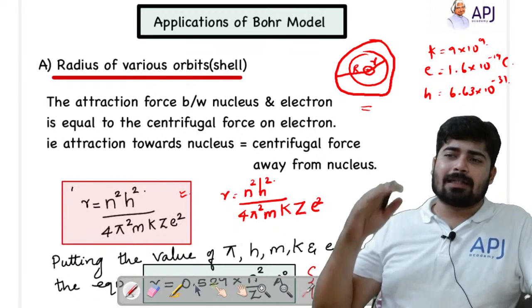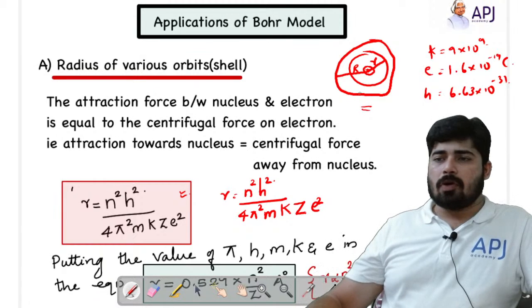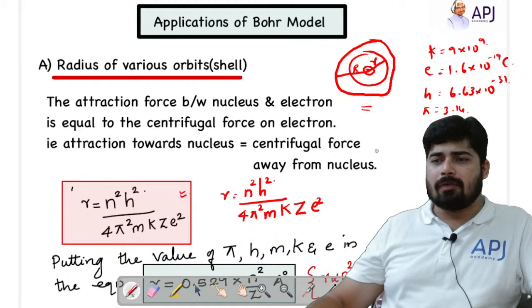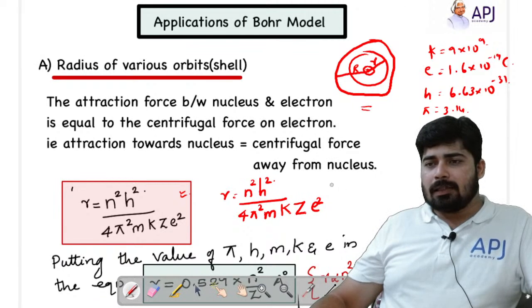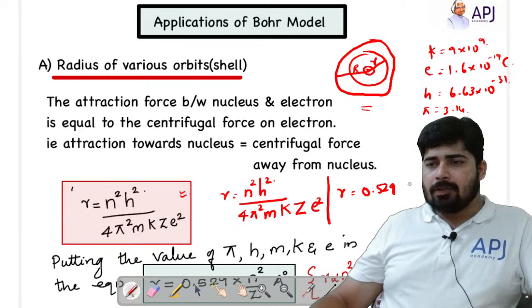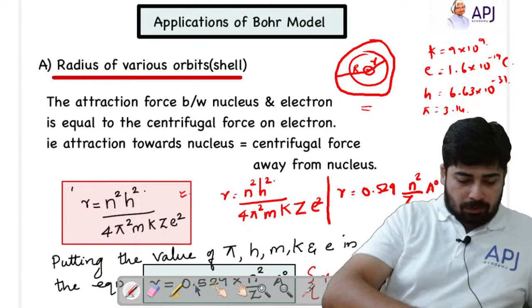Likewise, after giving all the values of the constants, with pi equal to 3.14, and applying all the values, we get the reduced form of the equation, that is R is equal to 0.529 n square by Z Armstrong.